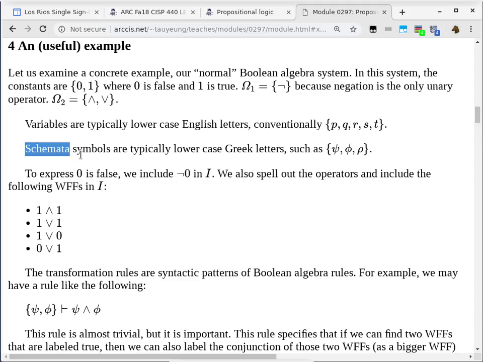Basically, variables can only contain the true or false value, but a schemata can contain an entire expression. That's the main difference between a variable, which uses the English alphabet, versus a schemata, which uses the letters of the Greek alphabet.